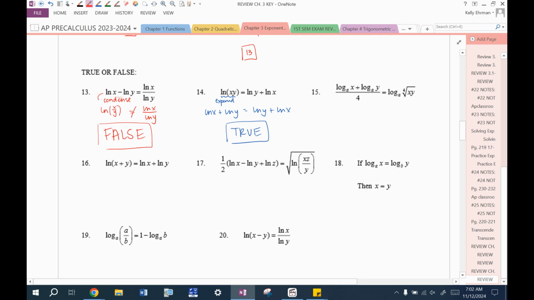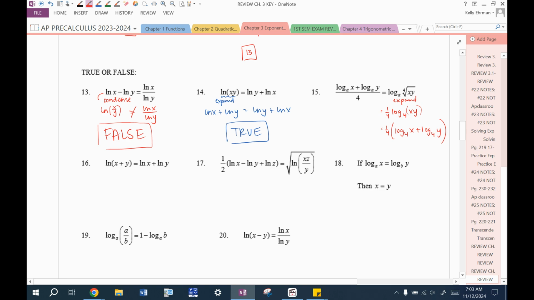What about this side? Maybe we work on the right side here. Let's expand this. We'd have a 1/4 log base 4 of xy. And then we can expand that into 1/4 log base 4 of x plus log base 4 of y. Now, I'm showing you all this work, by the way.